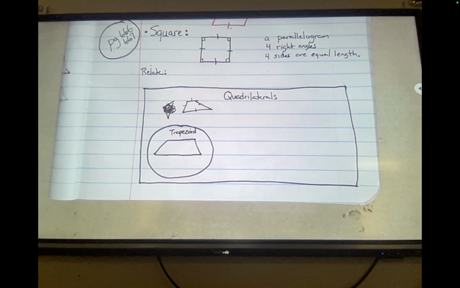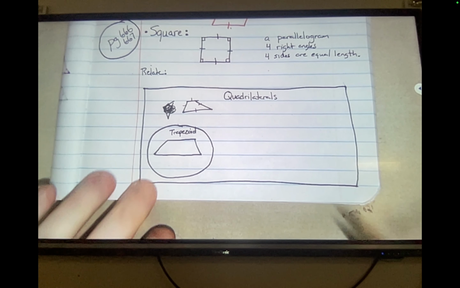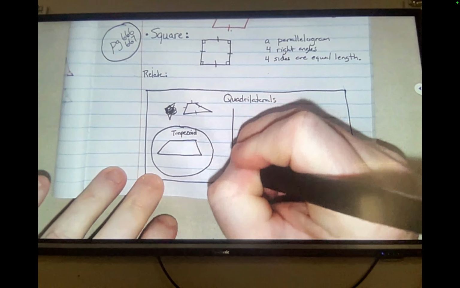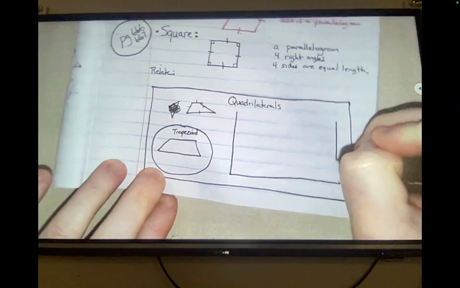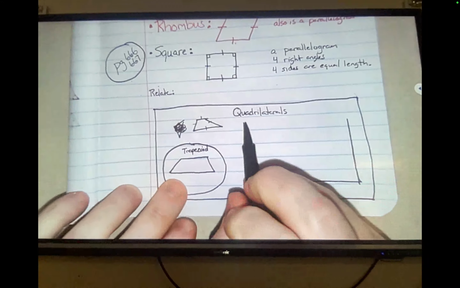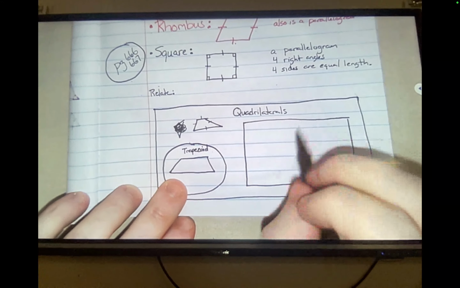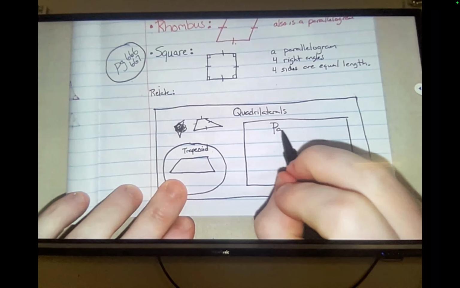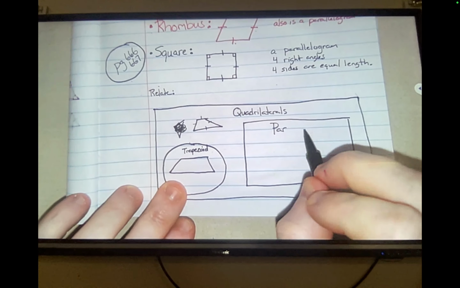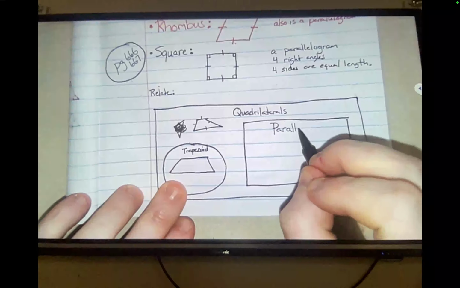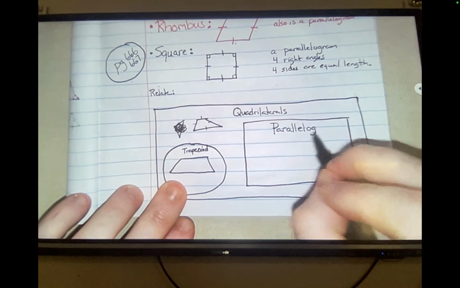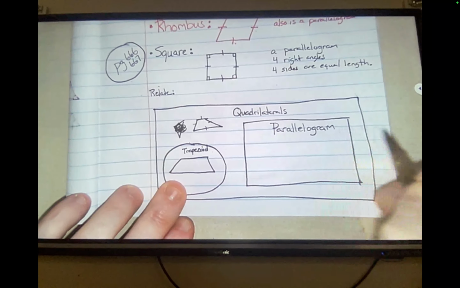So that, like I said, means all the other ones are kind of together. And so we're going to group them together. So I'm going to make a big shape inside here. And we're going to call these, everything that's inside here is considered a parallelogram. Okay?